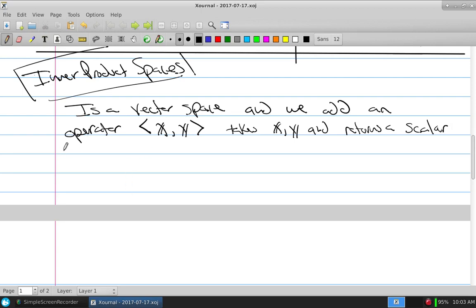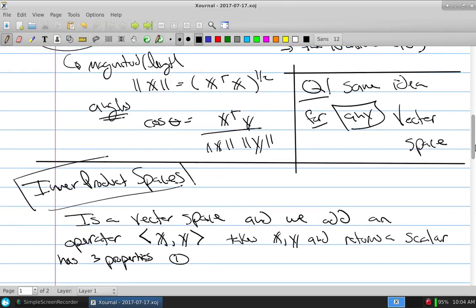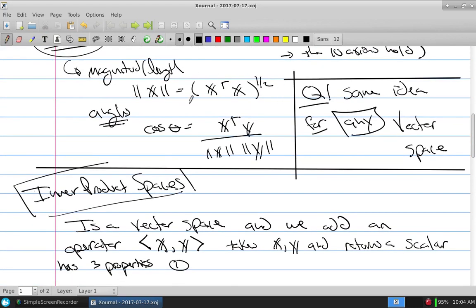So it must satisfy 3 properties. The first property it has is that, if I look back at what it does, the first thing it's working with is this idea of length, right? I took the scalar product with itself, and that was my idea of length.